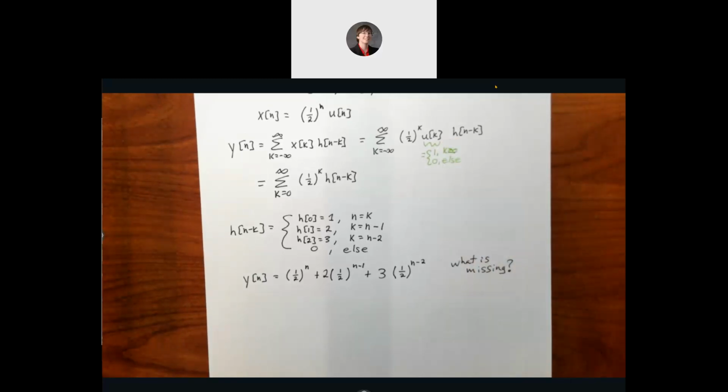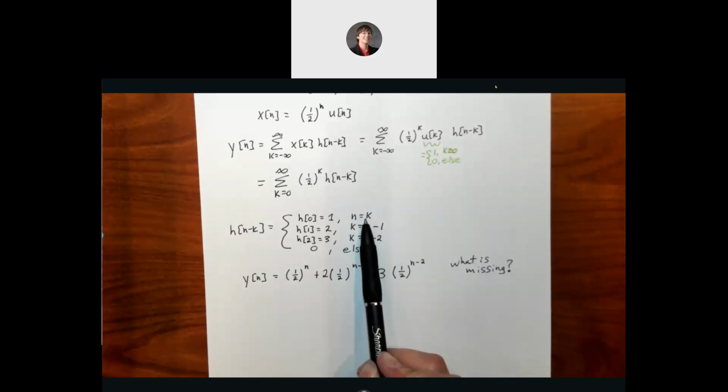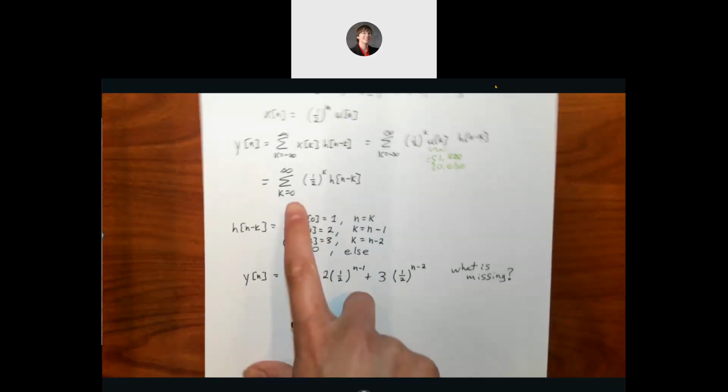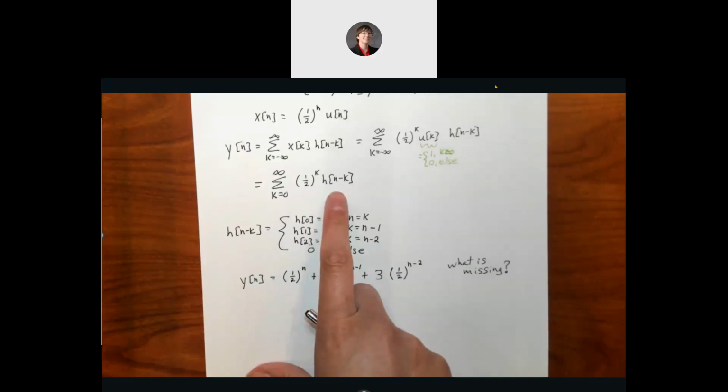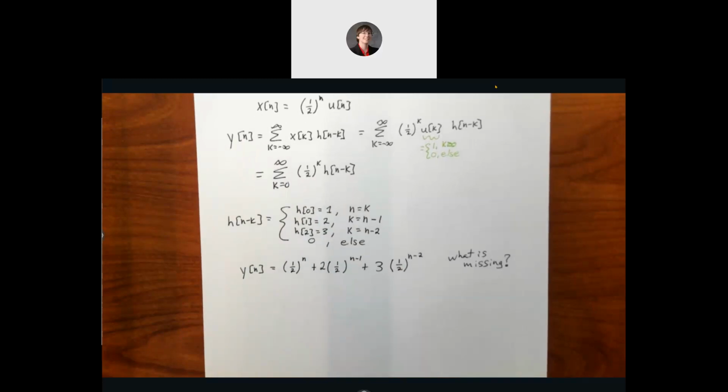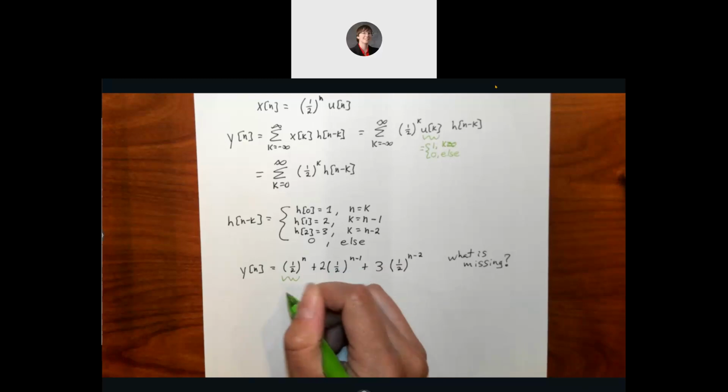One of the assumptions that we have here is that u of k is equal to 1 when k is greater than or equal to 0. So when we do this substitution in here, if we end up with a k which is less than 0, then we should have had a 0 here.